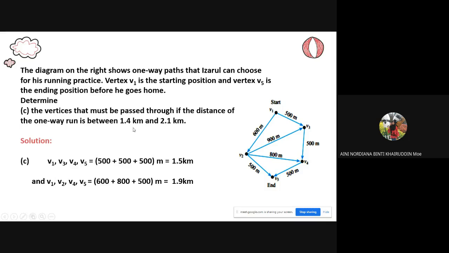Your answer must be in the range of 1.4 and 2.1 kilometers. So these two answers are in the range.